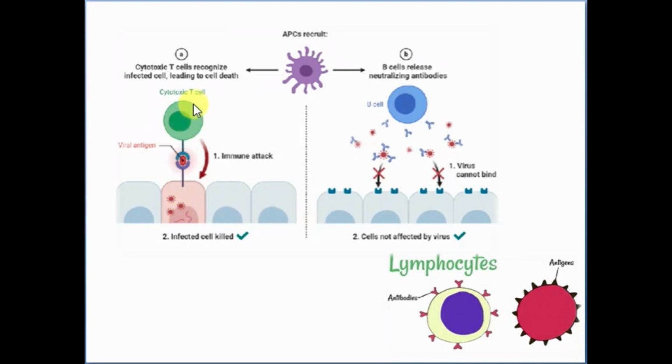So what will T cells do at that point of time? T cells will recognize the infected cell, and then they will cause this cell to die. They will release the viral antigen and cause this infected cell to die, through which they will protect our cell.